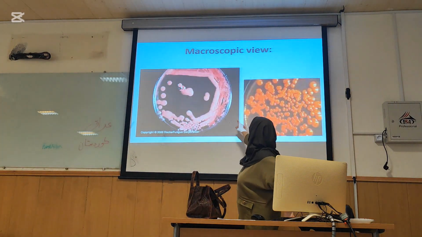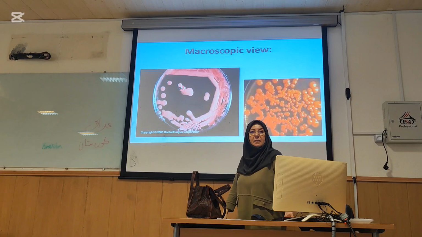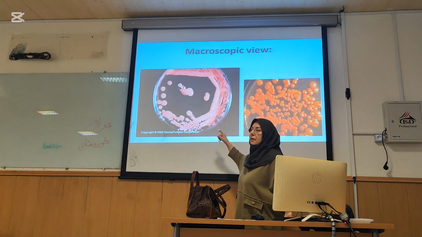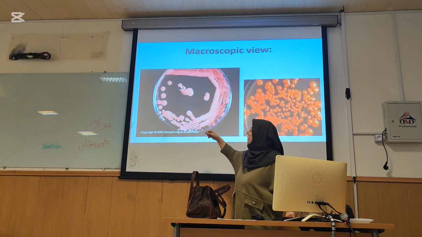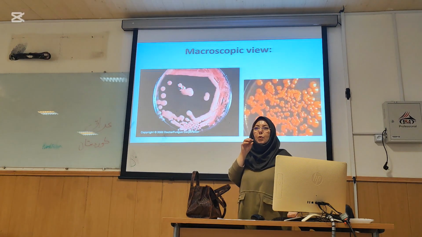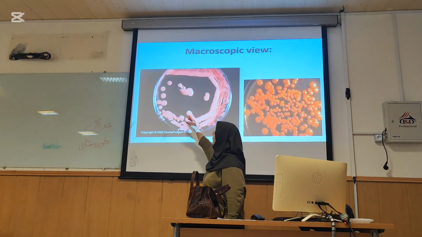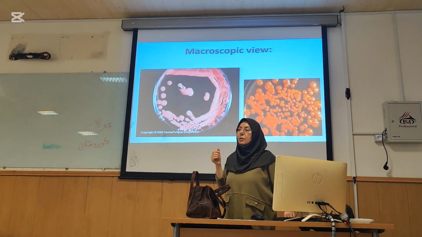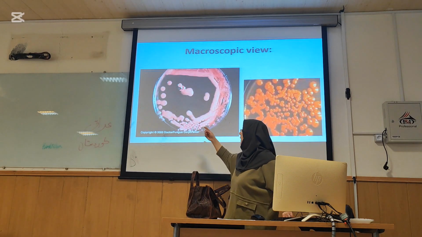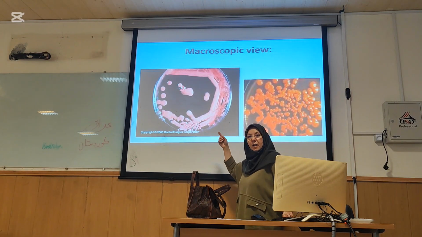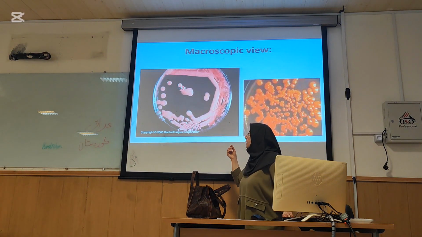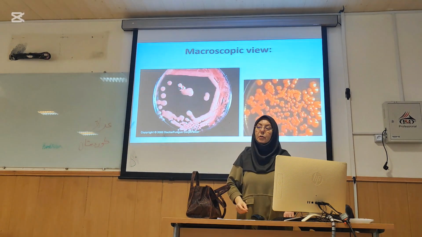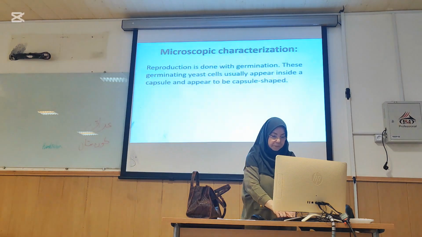As you see, this plate shows you the color of this fungus. The yeast has a mucoid, creamy colony like bacteria, and due to its salmon color, we named it Rhodotorula rubra.